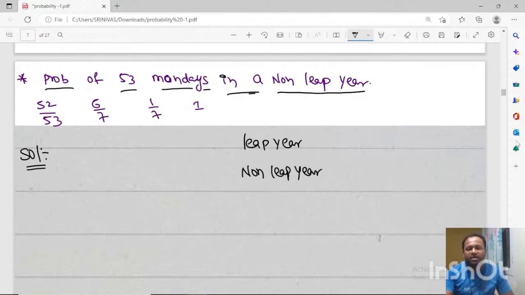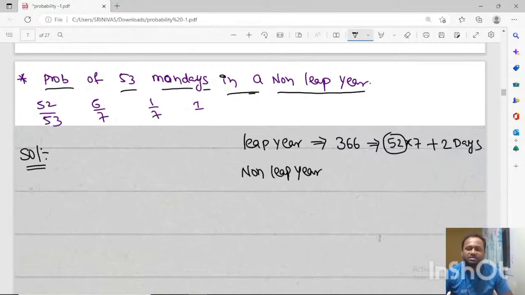So, in a leap year, total 366 days will be there. Means total 52 weeks will be there, 52 into 7, plus 2 days.